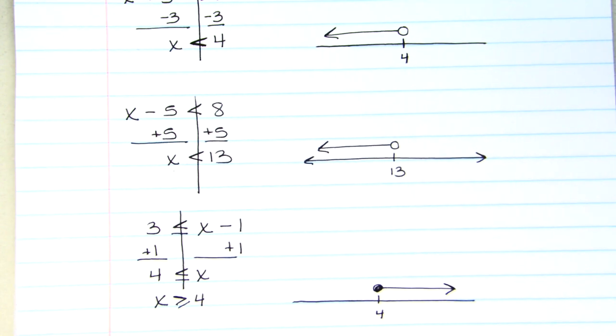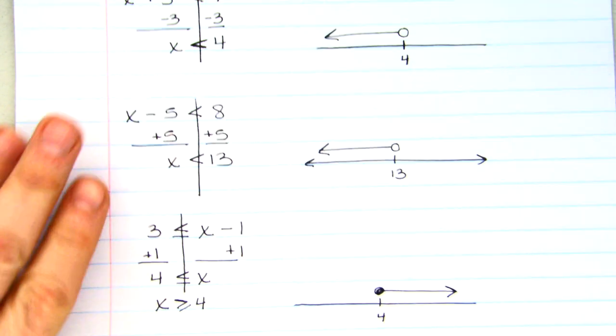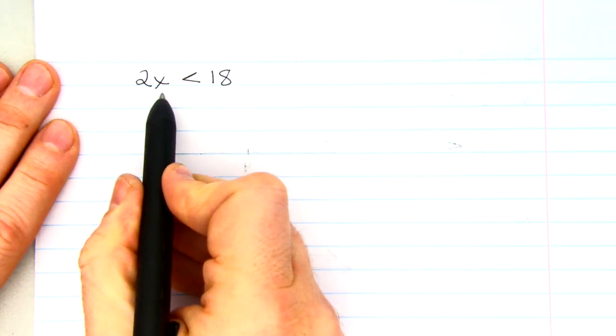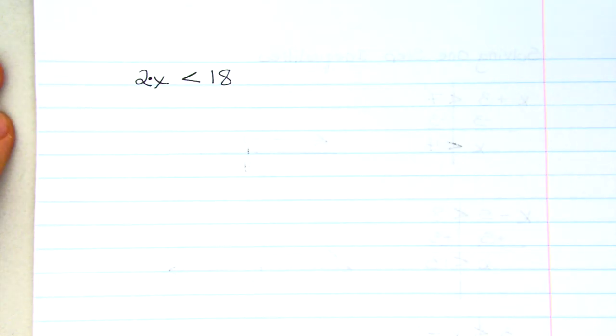Let me show you some of these, though, that involve multiplication and division. 2x is less than 18. 2x, remember, means 2 times x, and we can always stick the little multiplication dot in between those. To get rid of multiplication, we have to use division.